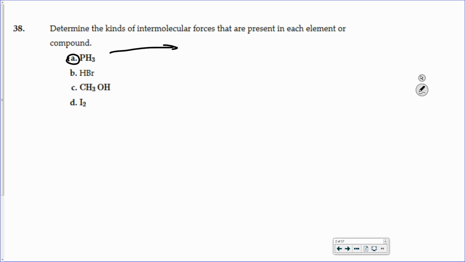It's going to have a lone pair and 3 things bound to it. There's going to be a dipole moment because of the lack of symmetry, pulling in this direction. So it's going to have dispersion forces. It's also going to have dipole-dipole.